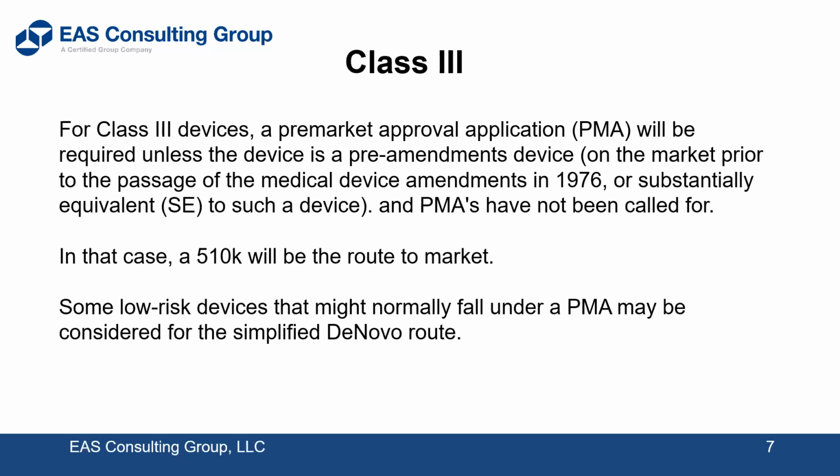Class 3, these are high-risk products. As I mentioned before, they do not have a predicate on the marketplace. Now, one of the modifications we're going to talk about later, the breakthrough devices and the STEP program, are designed to make the 510K program less tied specifically to predicates, although it is totally based on predicates, but it allows for breakthrough technology, for example, iterations that improve the product without getting into a PMA.